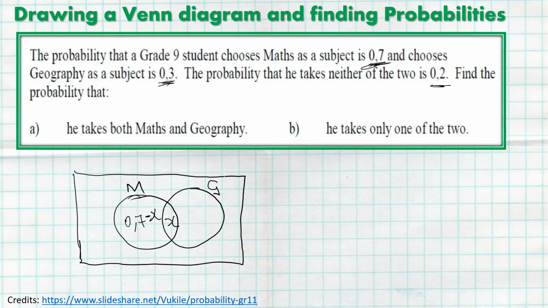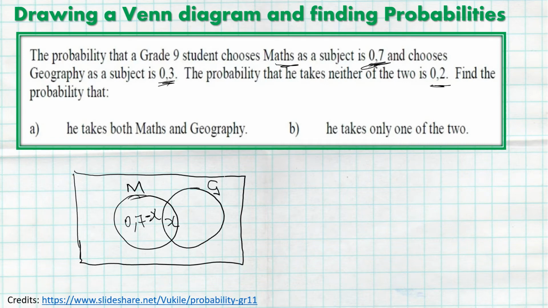Because this 0.7 for maths also includes the ones who take geography, since they didn't say maths only. So from 0.7 we are subtracting those who come from the intersection with geography, so that we can have maths only. So it's going to be 0.7 minus X, right?